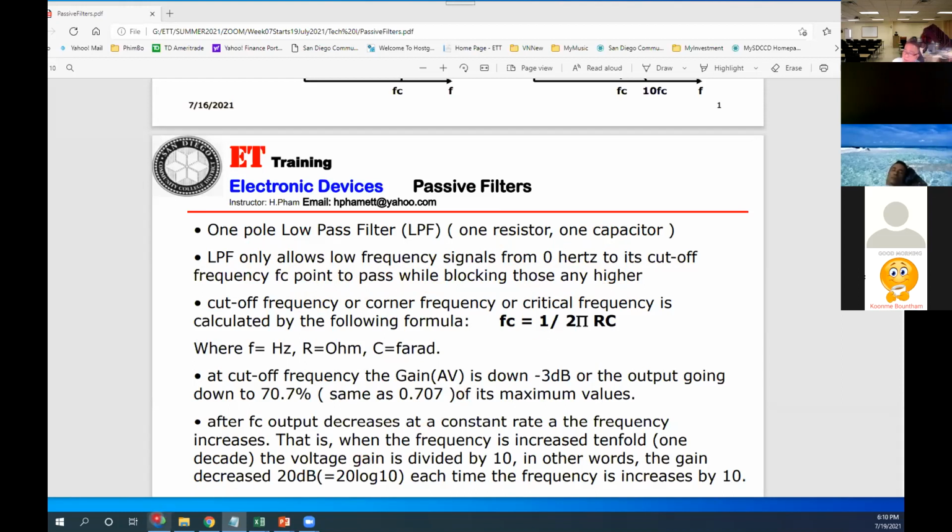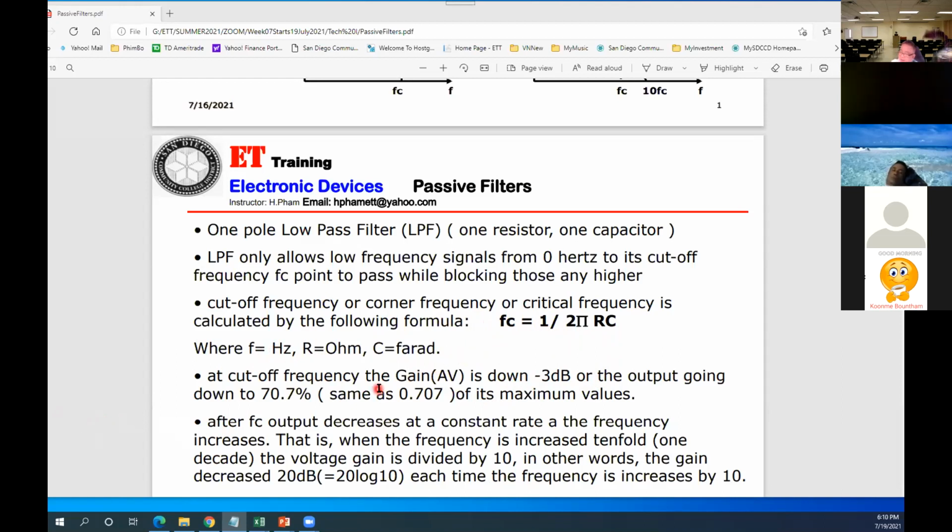To do the calculation for the cutoff frequency, they're using the formula FC equals 1 over 2 pi RC. In this formula, F will be in Hz, R will be in Ohm, and C must be in Farad.